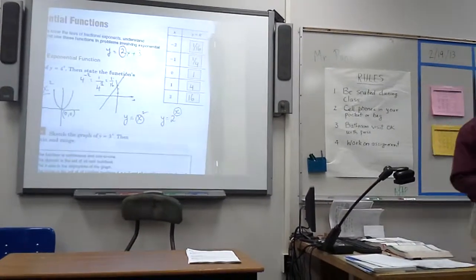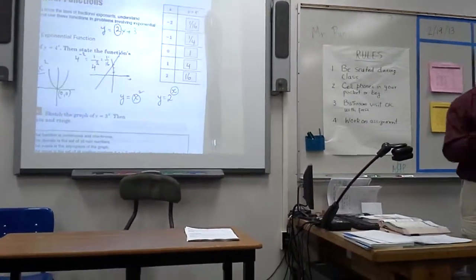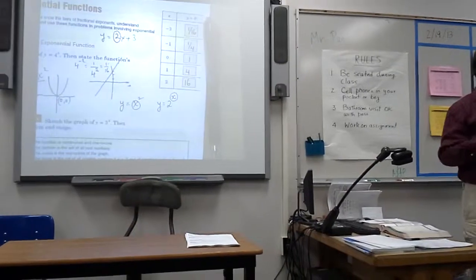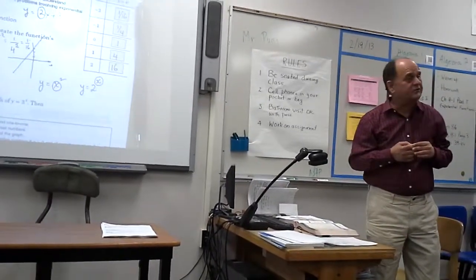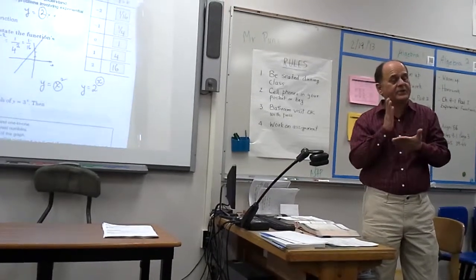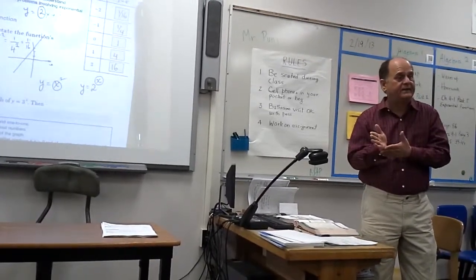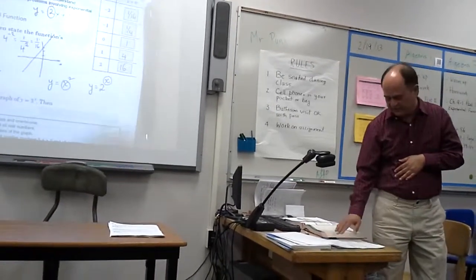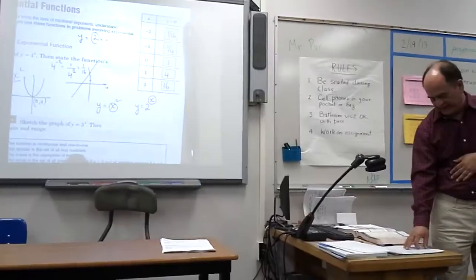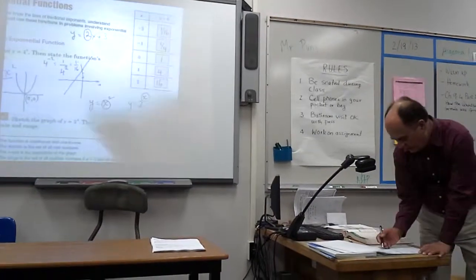So you notice this curve doesn't have a break anywhere. It's continuous. Right? Unlike those rational functions where we looked at where there's potential for holes and asymptotes, an exponential function is continuous. Right? And it's over the range of all real numbers.